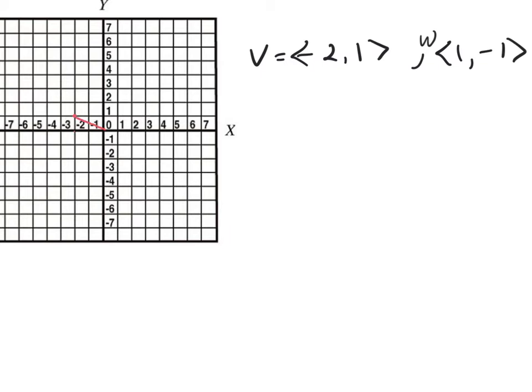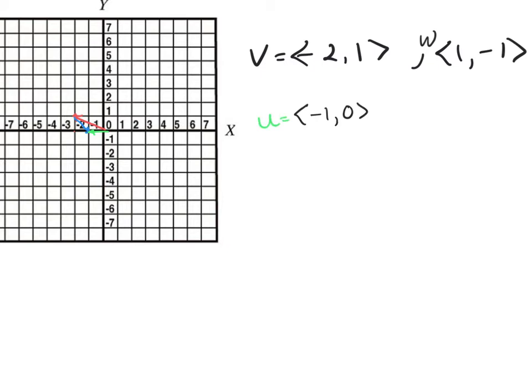So here is my v. My w from there is I'm going to go right 1 and down 1. So it's going to go right here. And my resulting vector is this little tiny piece. Doing the quick addition, negative 2 plus 1 gives me a negative 1, and negative 1 plus 1 is 0. So that is my resulting vector, which is what I found there.